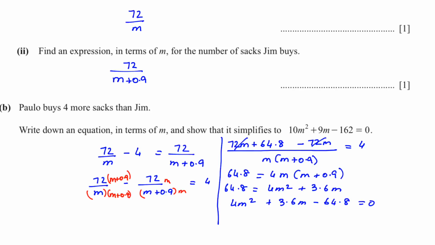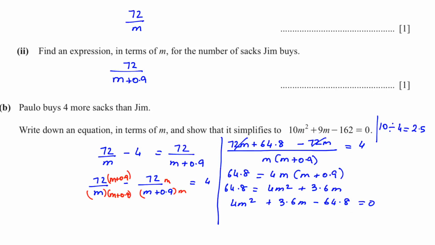Let's check out divide 10 by 4. When you divide 10 by 4, you will get 2.5. So that I think applies to each one. 9 divided by 2.5 will be 3.6. 162 divided by 2.5 is 64.8.